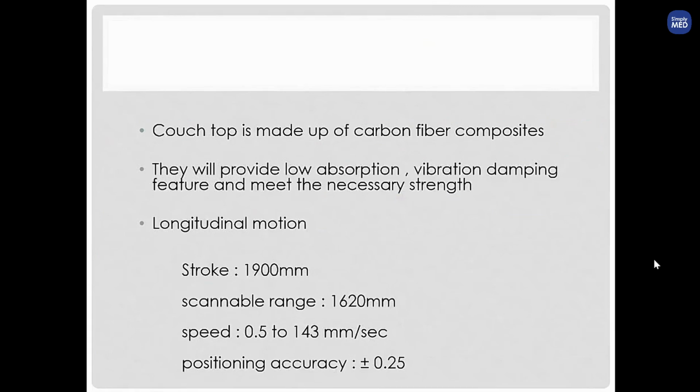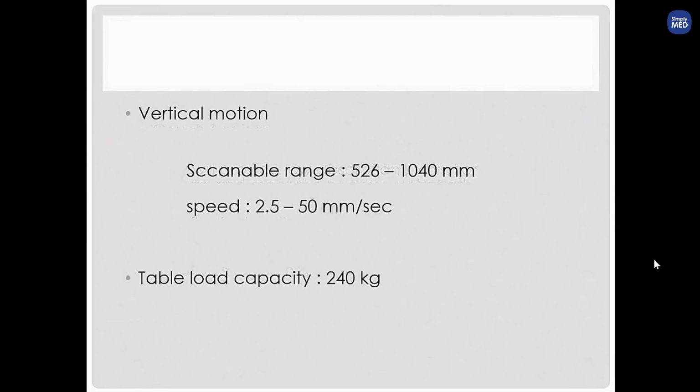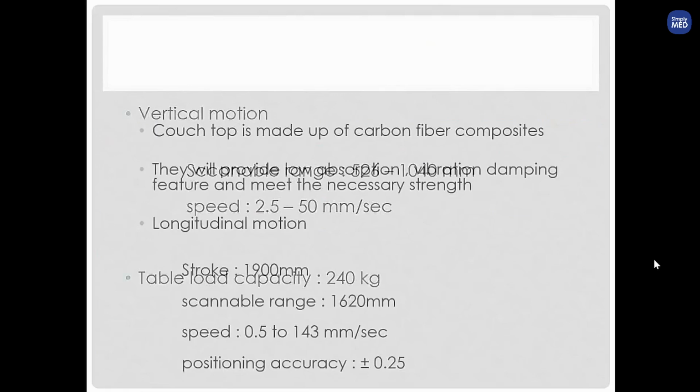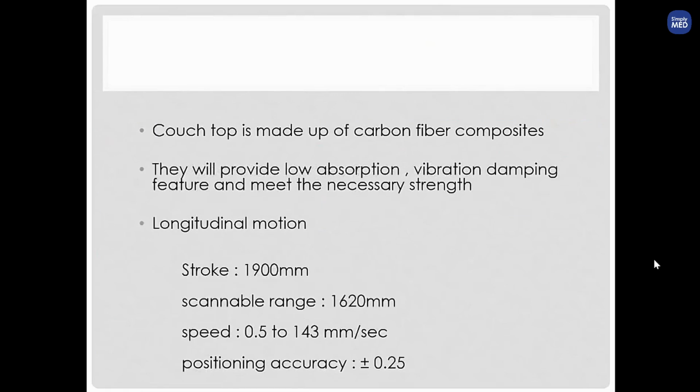They provide low absorption and vibration damping, and there are two types of motion. One is longitudinal motion and the other is vertical motion. Longitudinal motion means in and out, vertical motion means up and down. For the longitudinal motion, the stroke can go 1900 mm, and we can scan a range of around 1620 mm.